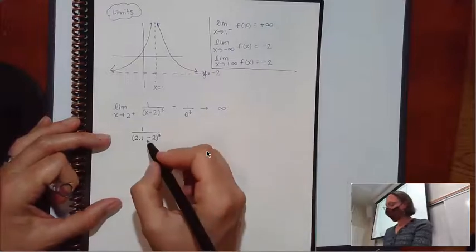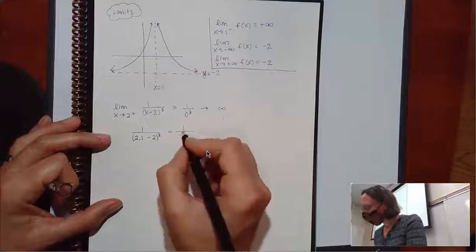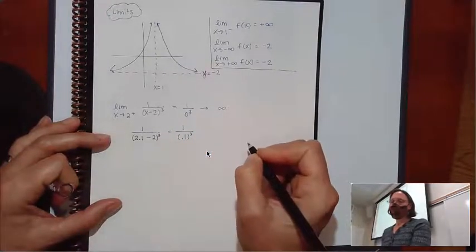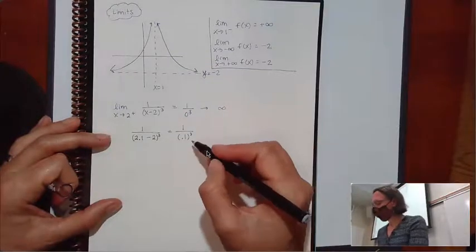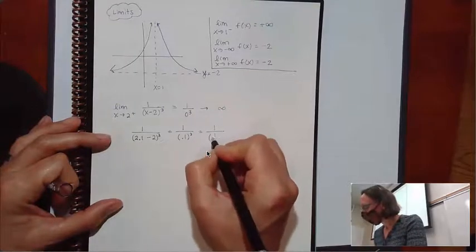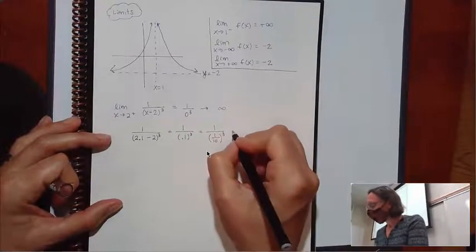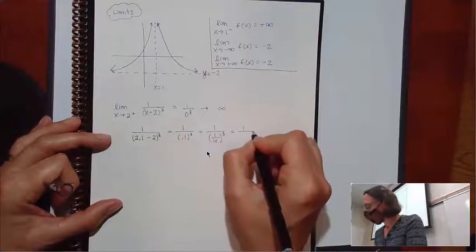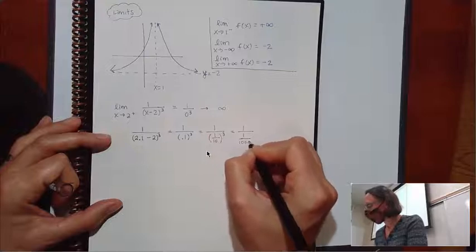So 2.1 minus 2, that means I've really got 0.1 and it's being cubed. But my brain doesn't work so well with decimals. So I'm going to change that decimal to its fraction form of 1/10, which means that's the same as 1 over 1 cubed is 1, 10 cubed is 1,000.